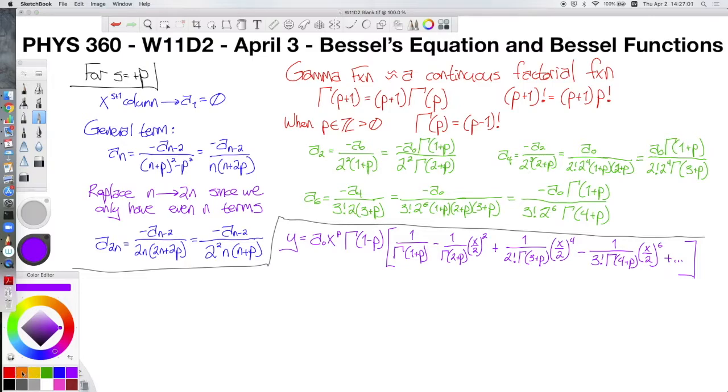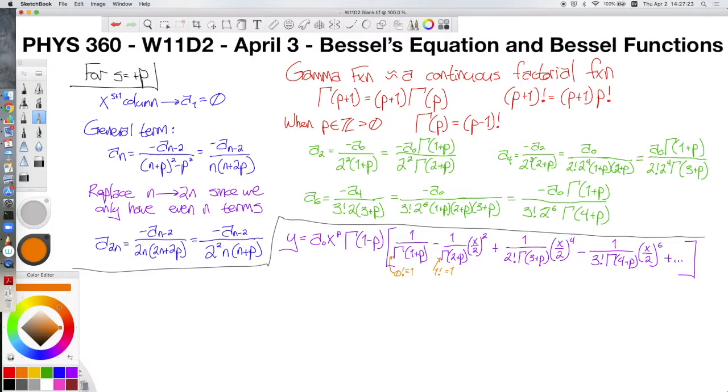We haven't written the factorials in for every term, but note that you could very easily put a 1 factorial here, because 1 factorial is equal to 1, and you could very easily put a 0 factorial here, because 0 factorial is also equal to 1.